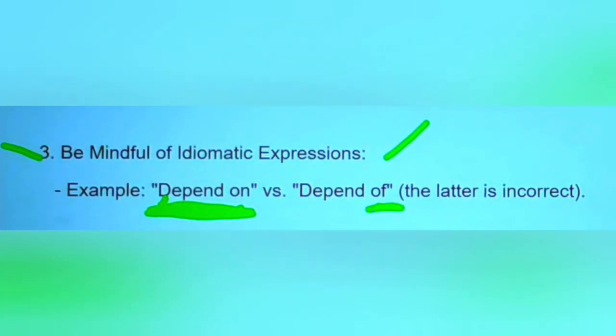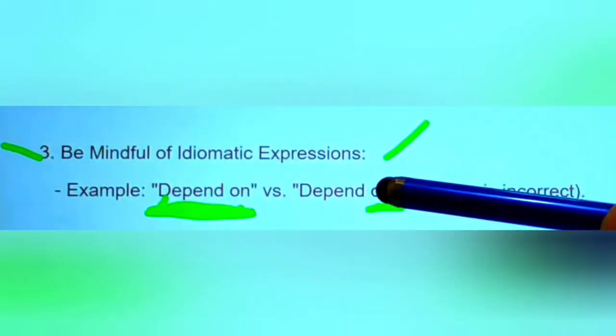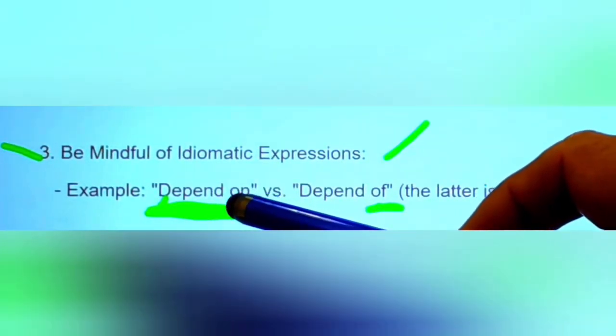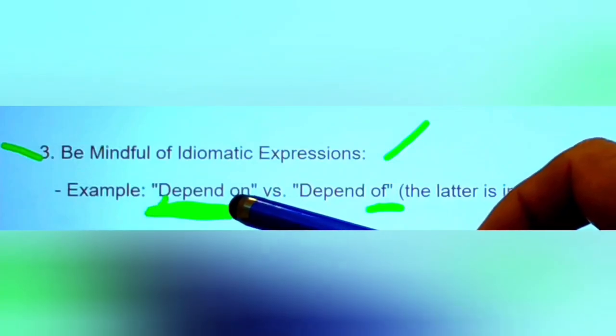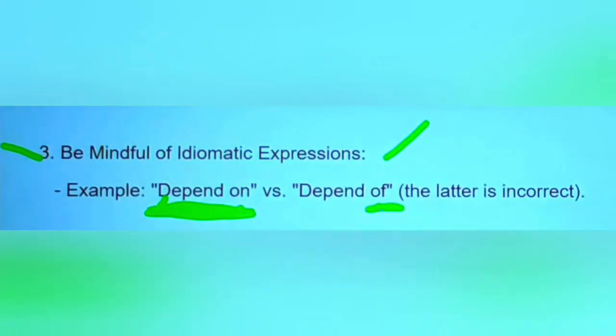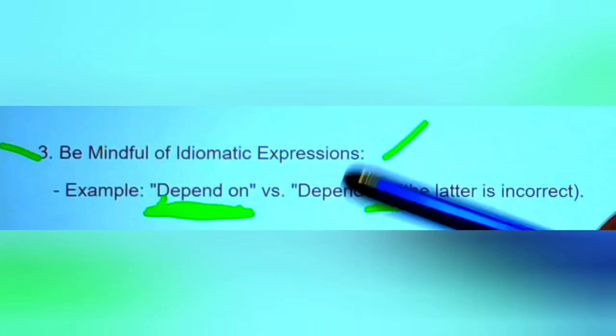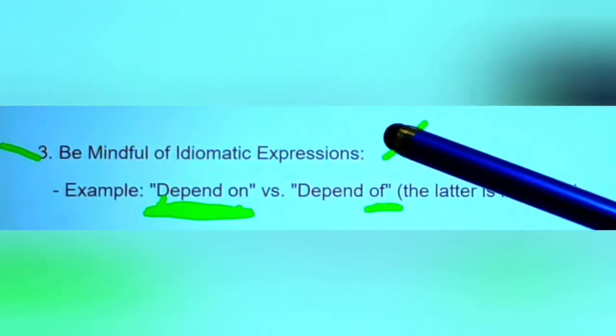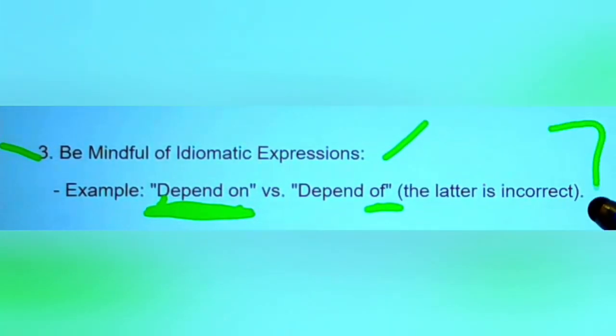It depends on what we are doing, it depends on what we are having, it depends on where we are going, it depends on what we are studying. So these are idiomatic expressions. If we add of instead of on, the meaning will be totally different. Therefore, we have to be mindful of idiomatic expressions. This is the third rule of using prepositions. Hopefully you got it as well.